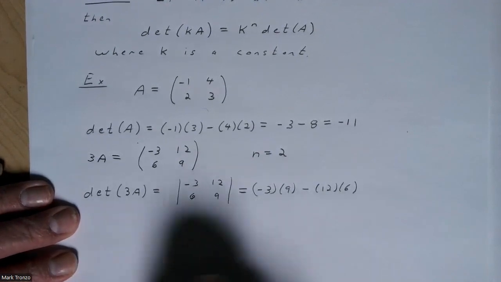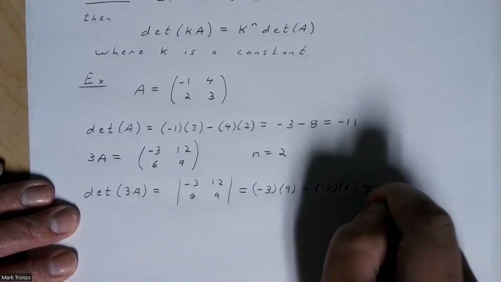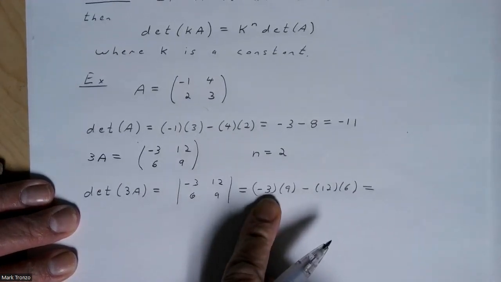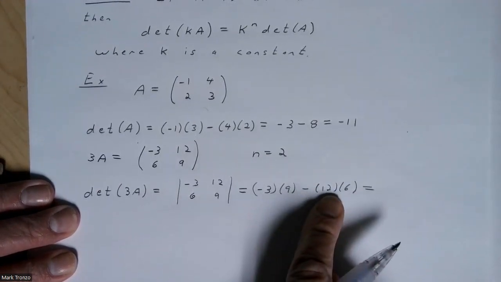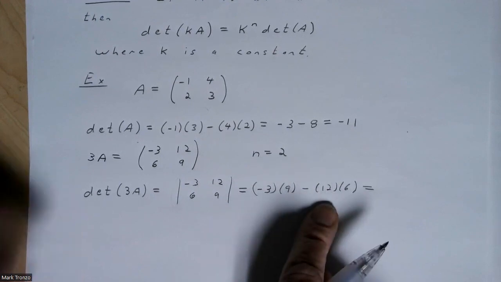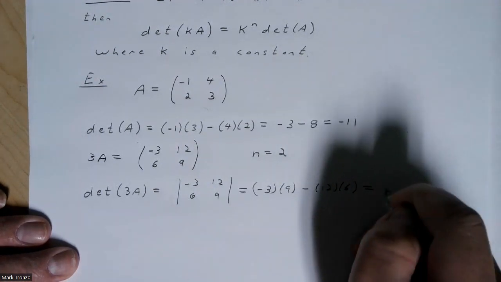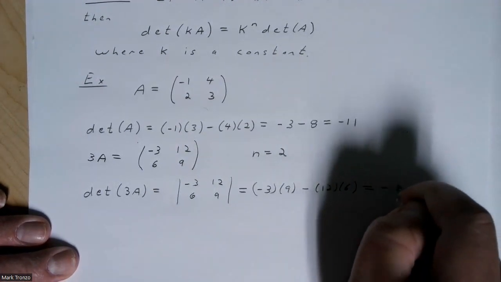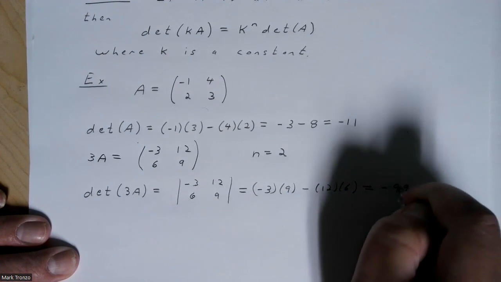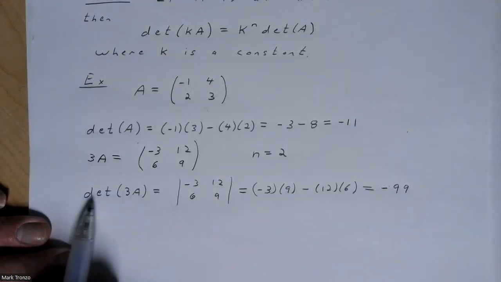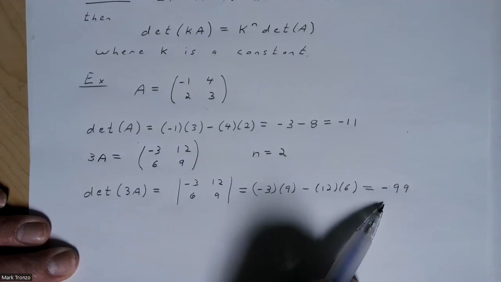And let's see, the numbers are getting a little bit big. Looks like this is going to be 27. And what's that going to be? 72. And they're both going to be negative. So that looks like that's going to be -99. So the determinant of 3 times A is 99.